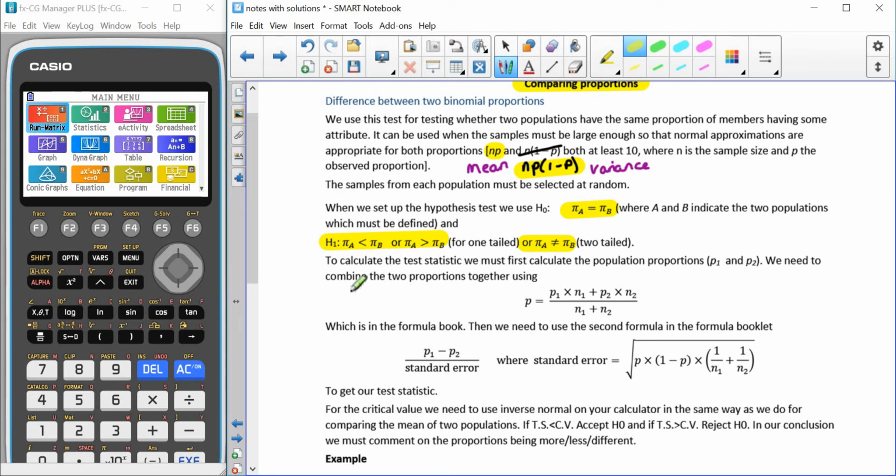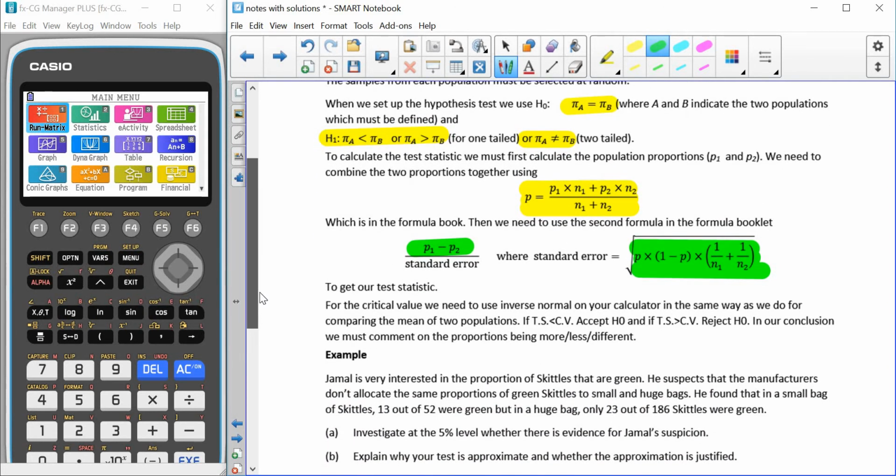Now in our formula book we have these two formulas which we need to combine together. We can find P, which is the pooled proportion, by using this formula, and then we use that to help us find what's called the standard error, and we have the difference between our population proportions there.